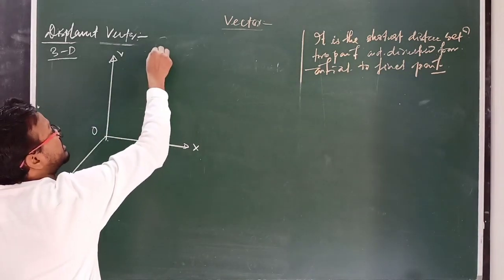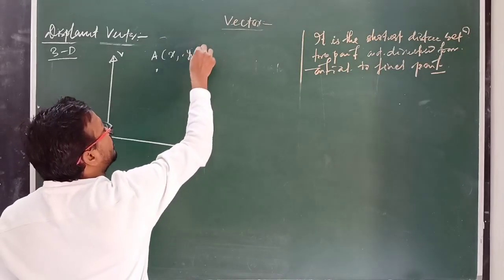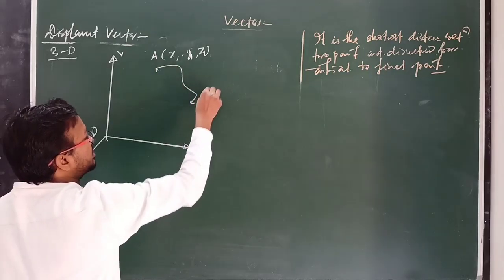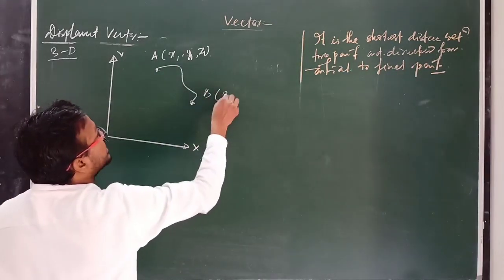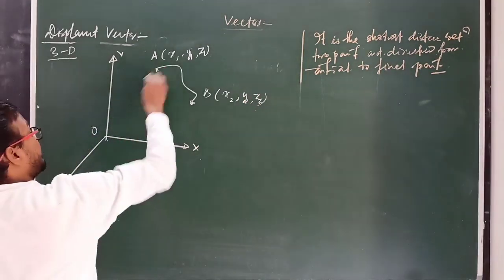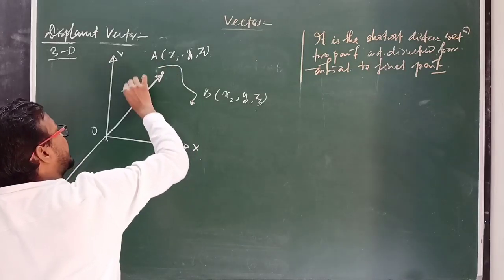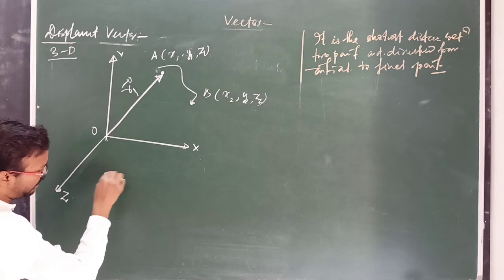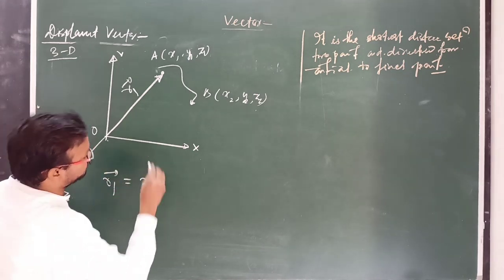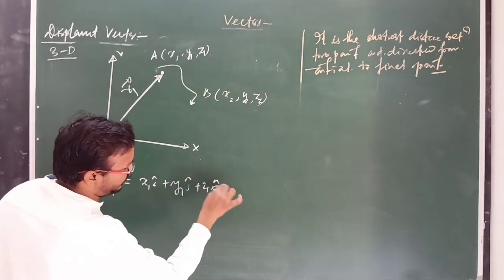So there is a point, suppose this point is A, and its position you can write as x1, y1, and z1. And this particle displaces from one point to another. Suppose this point is B, and you can write x2, y2, z2. At point A, you can write the r1 vector, which in the three-dimensional case we already discussed is x1 i cap plus y1 j cap plus z1 k cap.